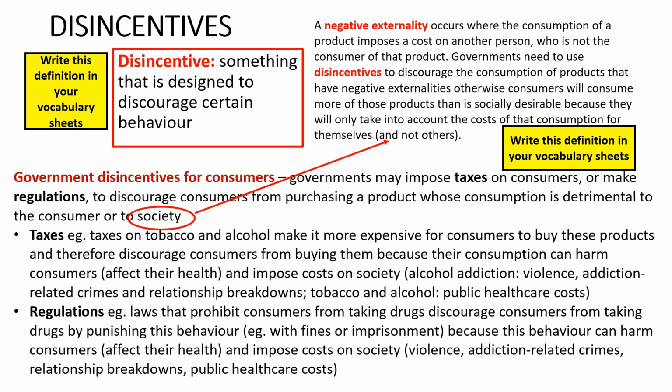So you can see that governments use disincentives to influence consumers not to purchase products where the purchase of those products is detrimental not just to the consumer, but also to society.